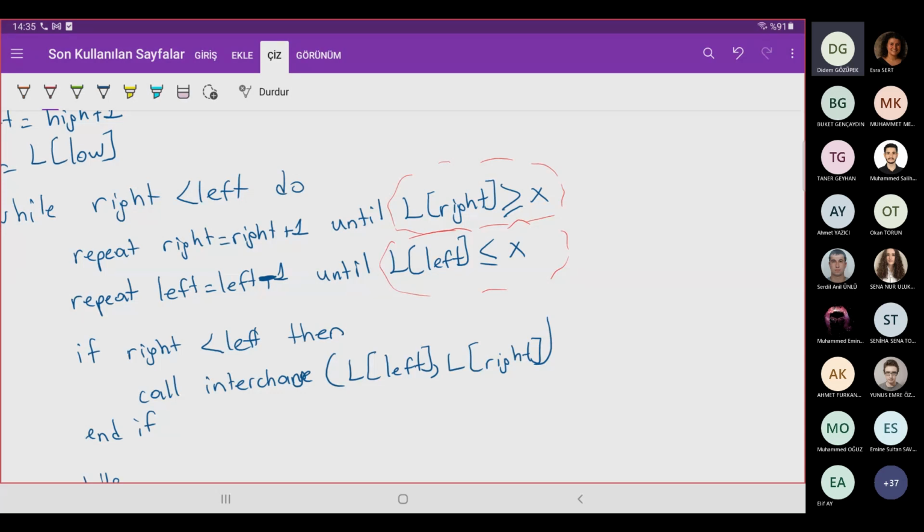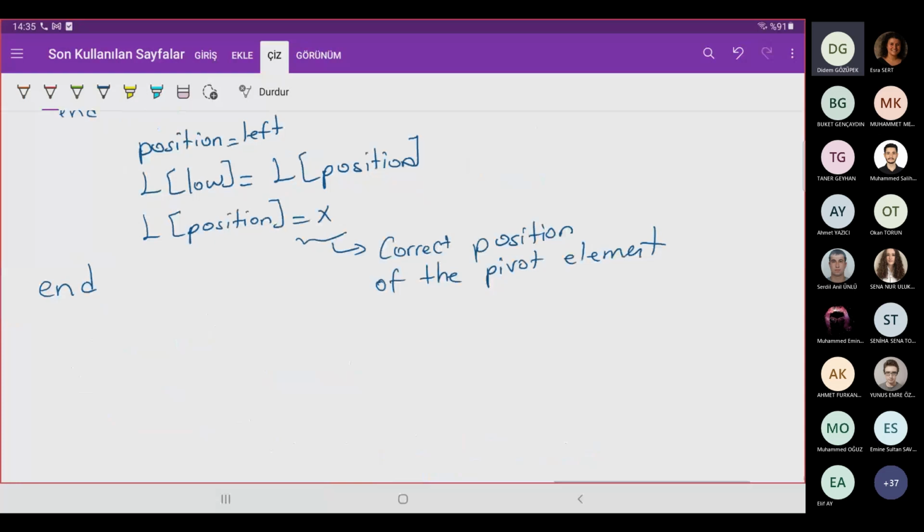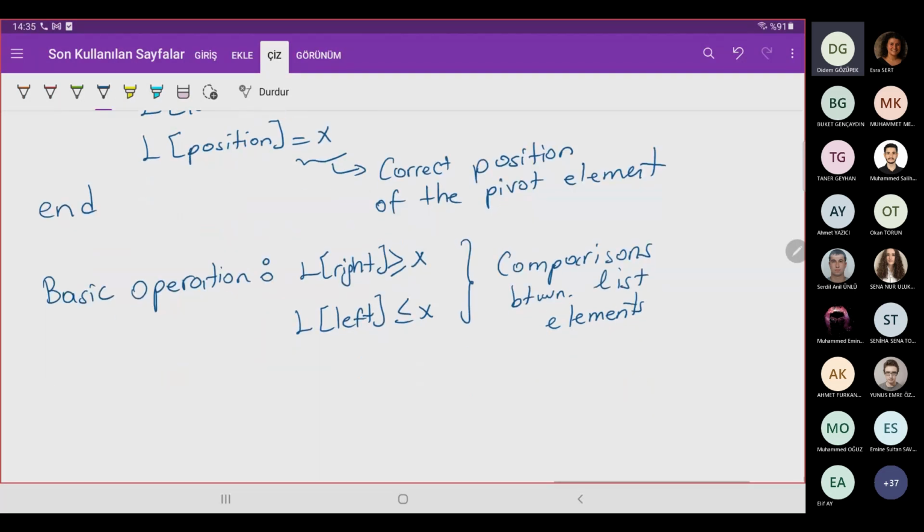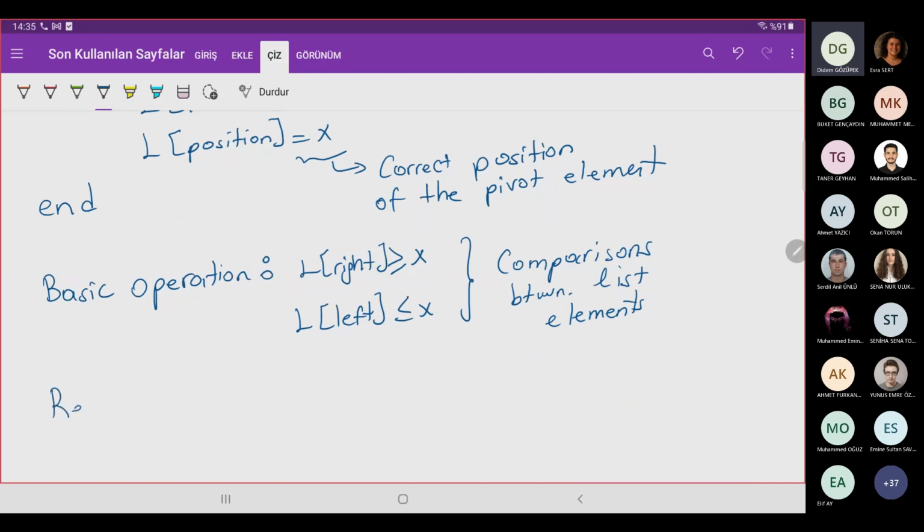So these are the basic operations. Comparisons between list elements. And the rearrange module.